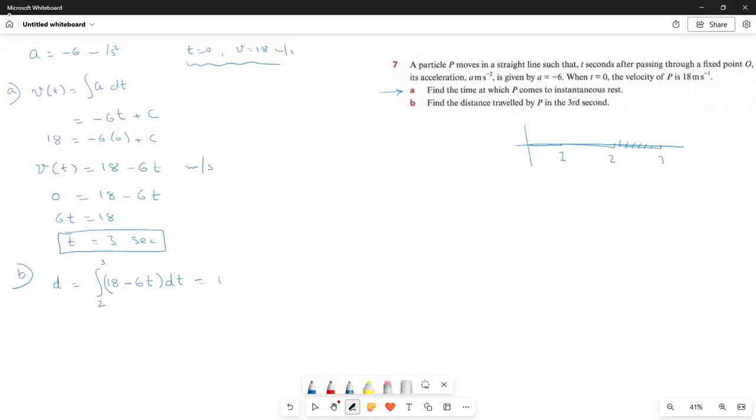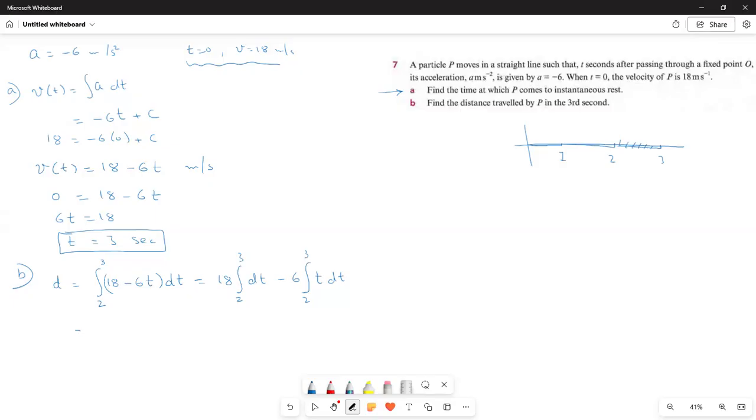It will give me 18 integral 2 to 3 dt minus 6 integral t dt from 2 to 3. And there will be no constant of integration. Remember, whenever you have a definite integral with limits, there's no constant of integration.